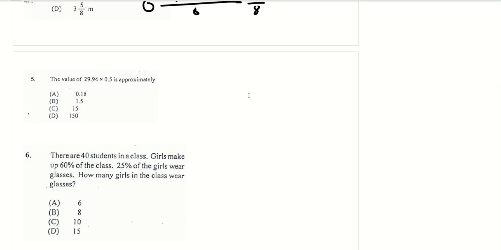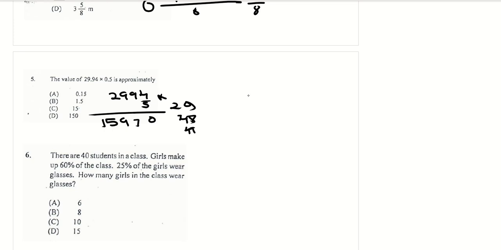Right, the value of 29.95 multiplied by 0.5 is approximately... When we are multiplying decimals, we remove the decimal point: 2995 multiplied by 5. 5 4s are 20, 9 5s are 45, 45 and 4 is 49. 2 5s are 10, 10 plus 4 is 14, and so on.